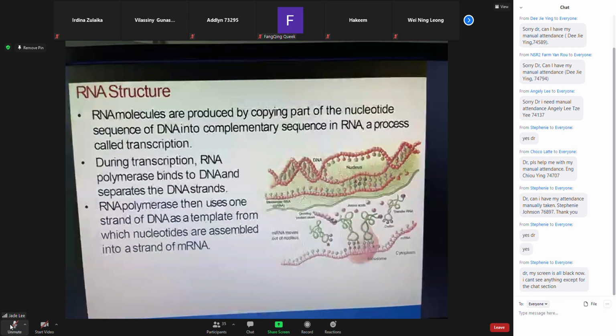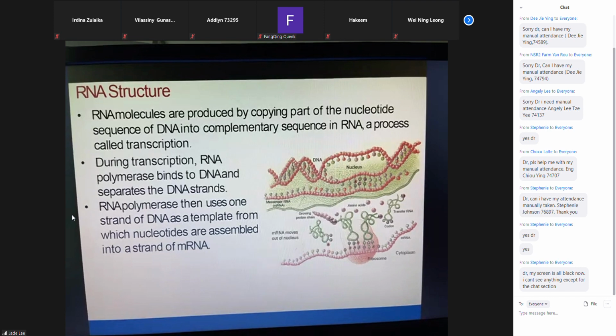So you need RNA processing, because the pre-mRNA still contains introns.